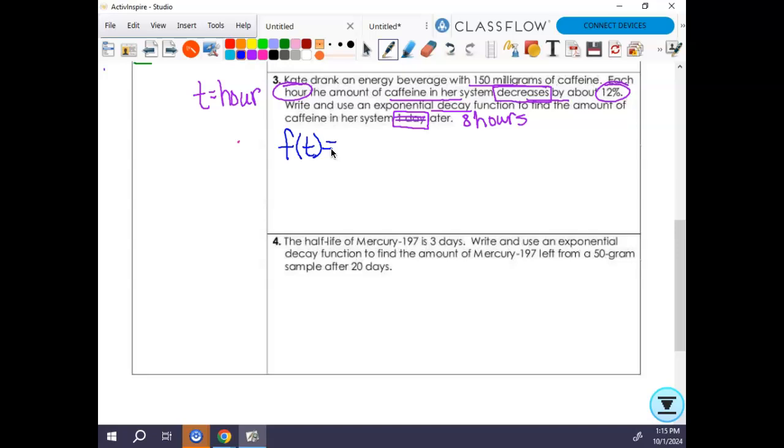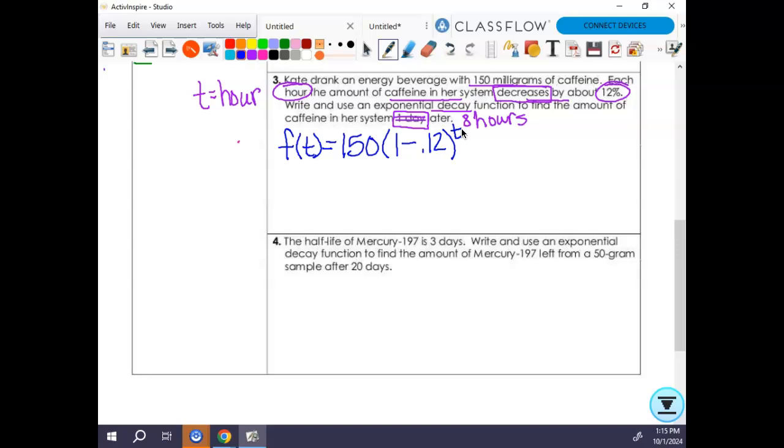Okay, so our initial amount is 150 milligrams. We multiply that by 1, do I add or subtract? Subtract 0.12 to the t power. We all good on that?